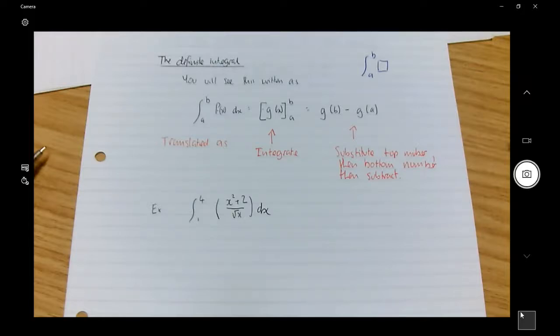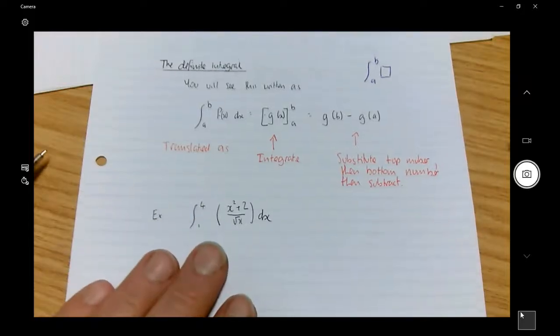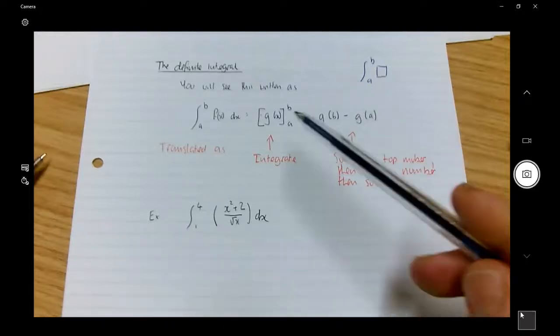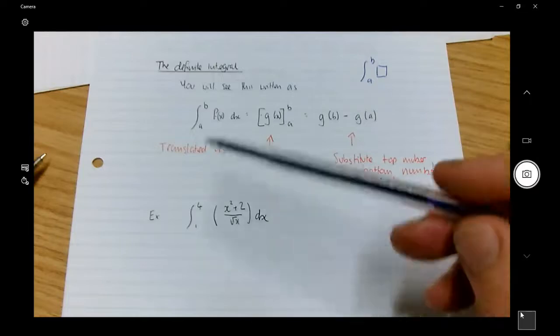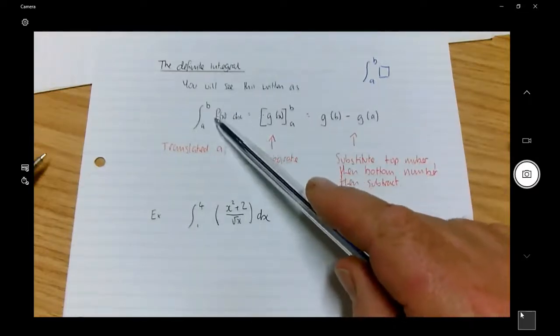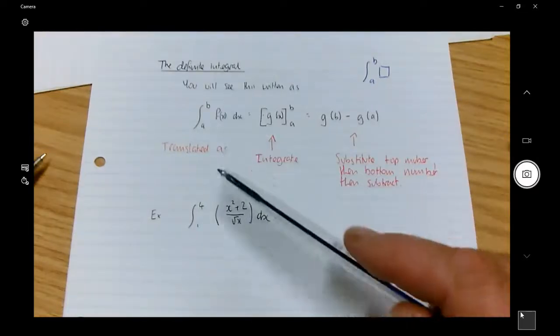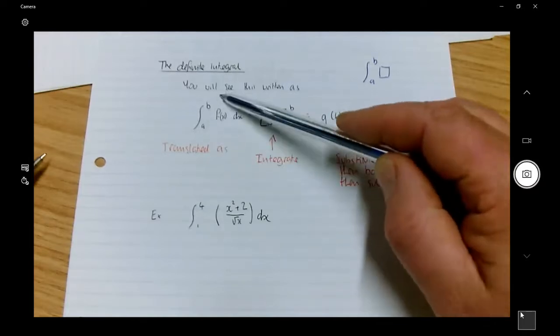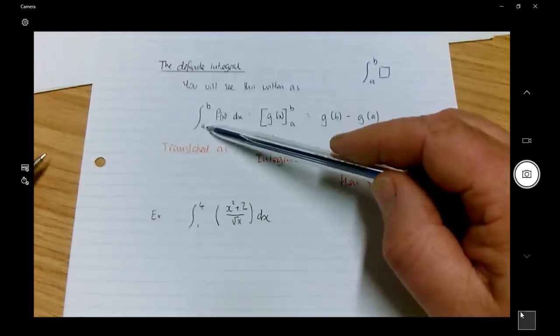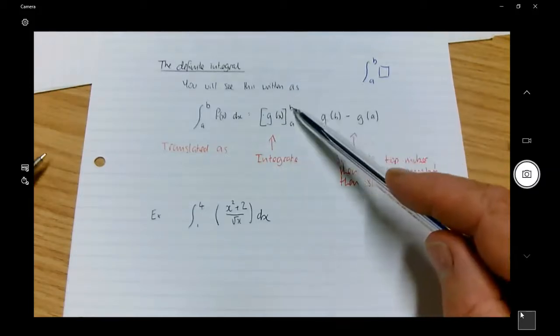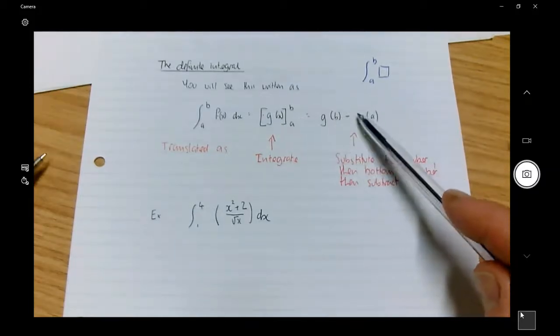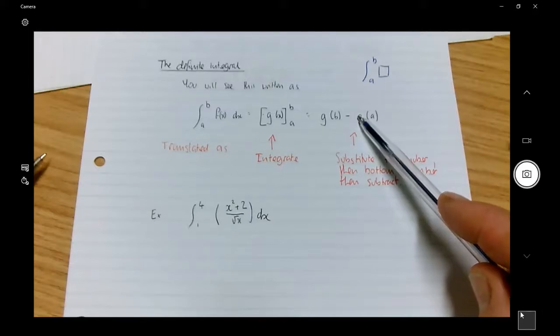Okay? Now, the definite integral. Well, basically, this here tells me, again, it's what you're going to see in a textbook. The question: there's a function between two values, they're called limits, equals g of x, with those limits in. Let's translate it.